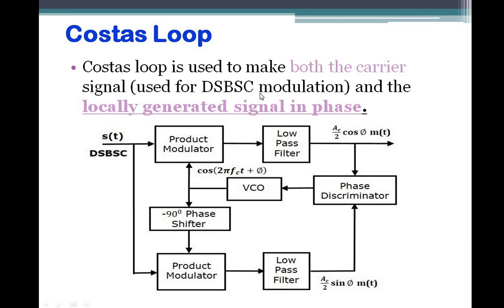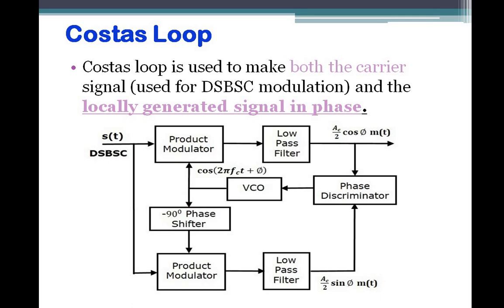In Costas loop, both the carrier signal used at the transmitter side and the locally generated signal should be in phase. It checks that here itself. We have to gather the information, see similar phase, values and frequency, and get that at the local oscillator.